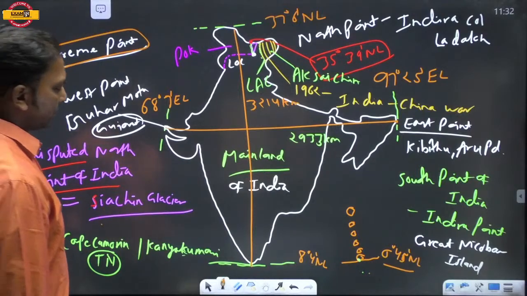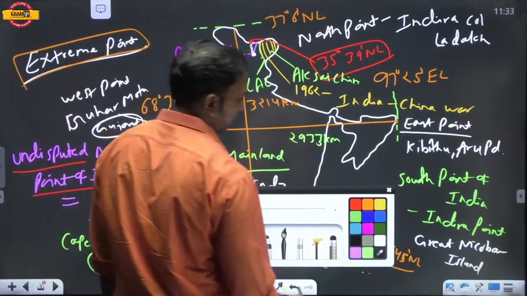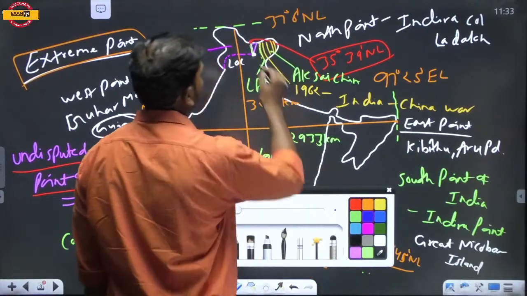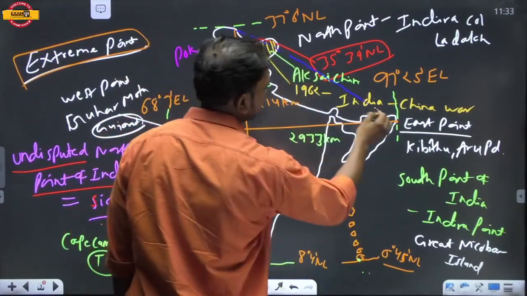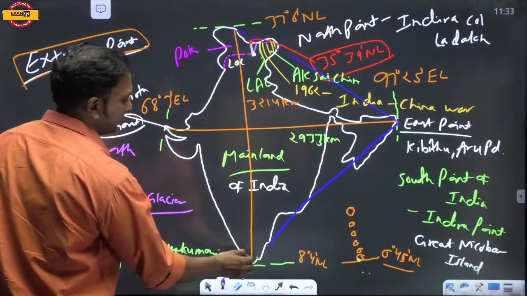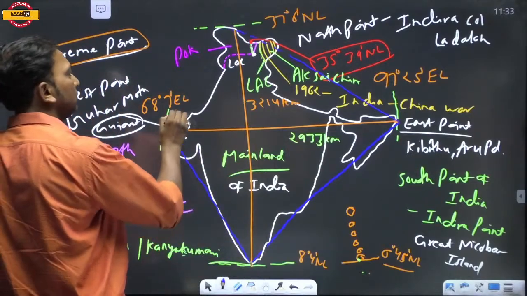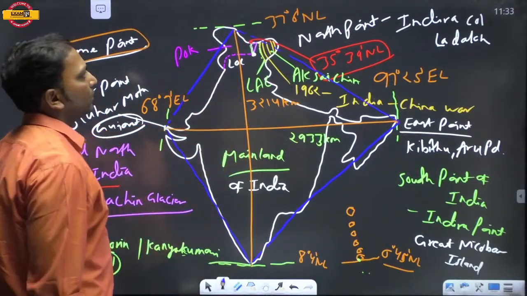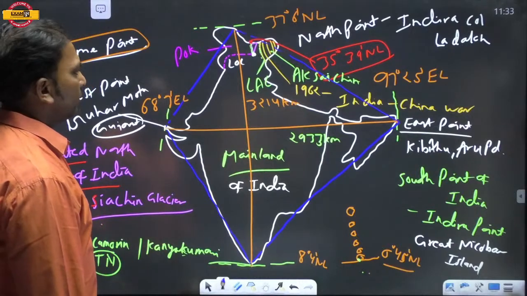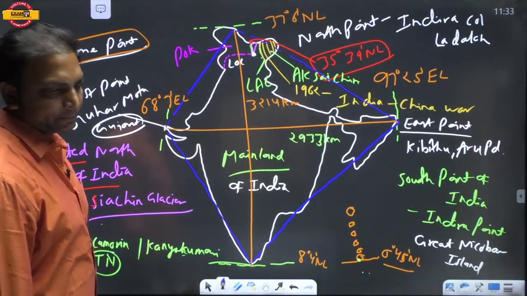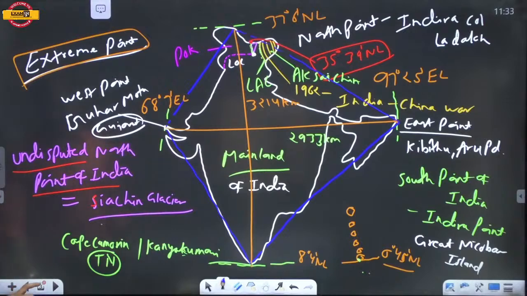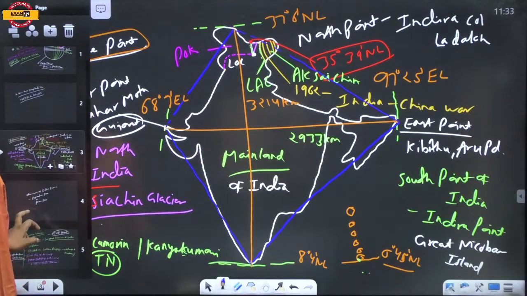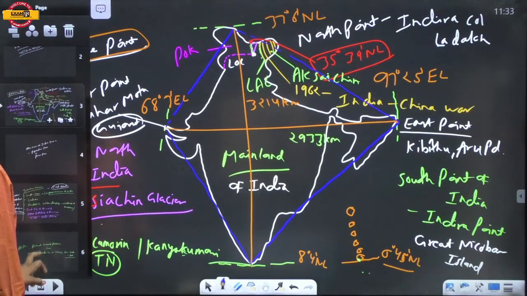Then suppose we connect these dots, north to east, east to south, south to west, south-west to north, then what about the shape of India? Now we are seeing here the shape of India.